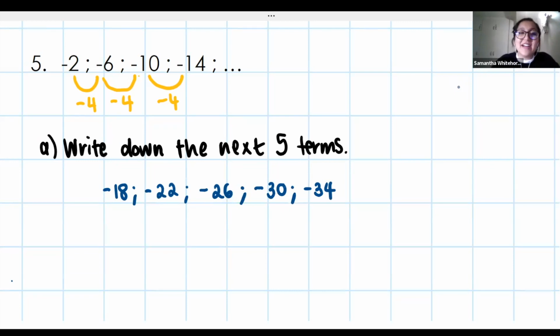Alrighty, guys, so exactly as Lissetti said there, we keep subtracting 4 and we get our next 5 terms. Really nothing too tricky about that. We can get our terms. So you need to be able to carry on a pattern based on this. And this is why I'm saying always start by identifying what your pattern is.